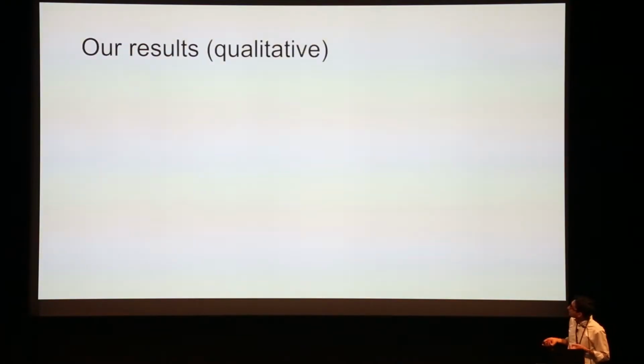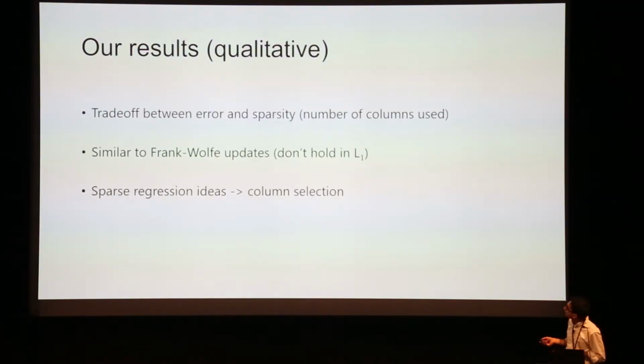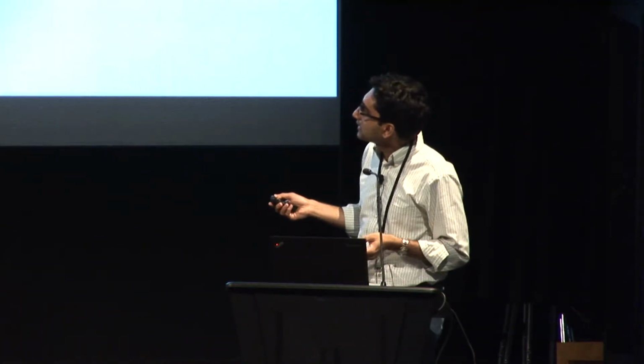What we can show qualitatively are the following results. The first, which Christos alluded to, is that we can come up with a trade-off between error and sparsity. We have a scheme of getting better and better approximations while using more and more columns. This kind of thing is quite typical.